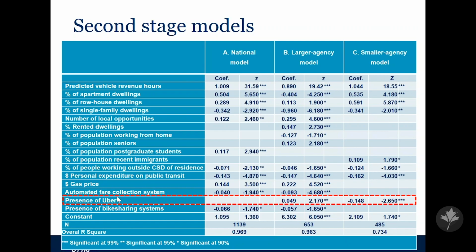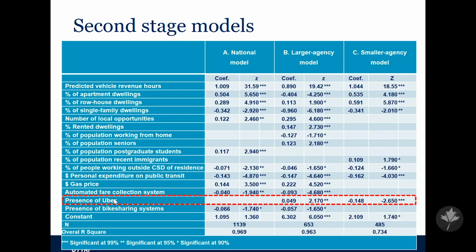One interesting variable that we wanted to look at is also the presence of Uber, because as you remember, this is a temporal study as well. So we have for each agency the ridership data and the data on all the independent variables between 2002 and 2016. We added a dummy variable that marks the year in which Uber entered each and every one of those agencies.